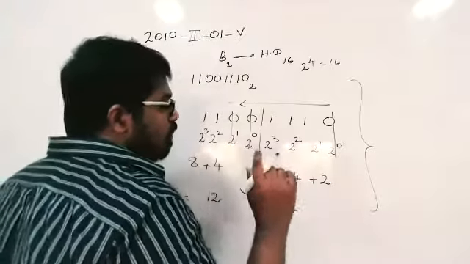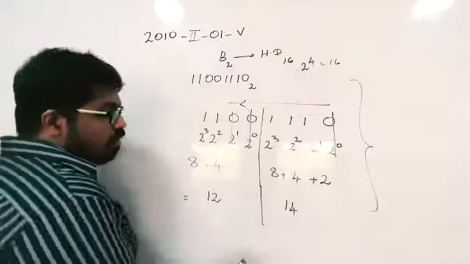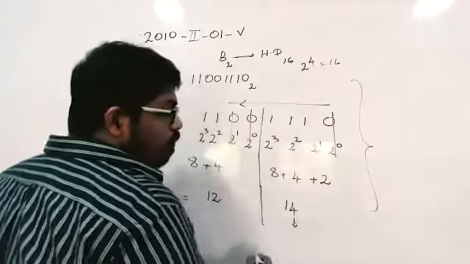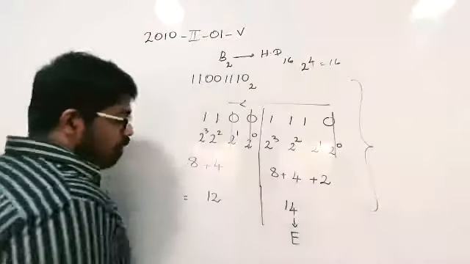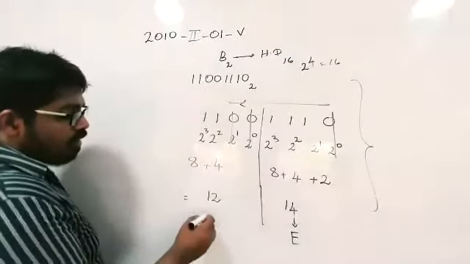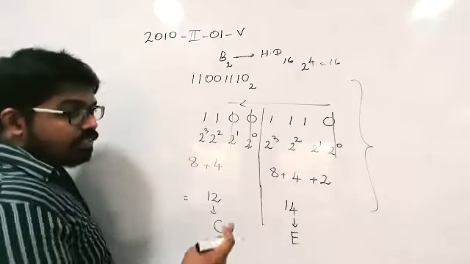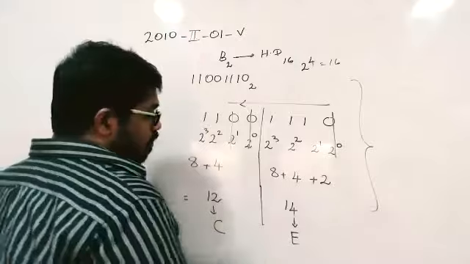Here you have to remember that this is one single number, right? So 14 in hexadecimal will be denoted by E. 12 in hexadecimal will be denoted by C. Why? 10 is A, 11 is B, 12 is C, right?